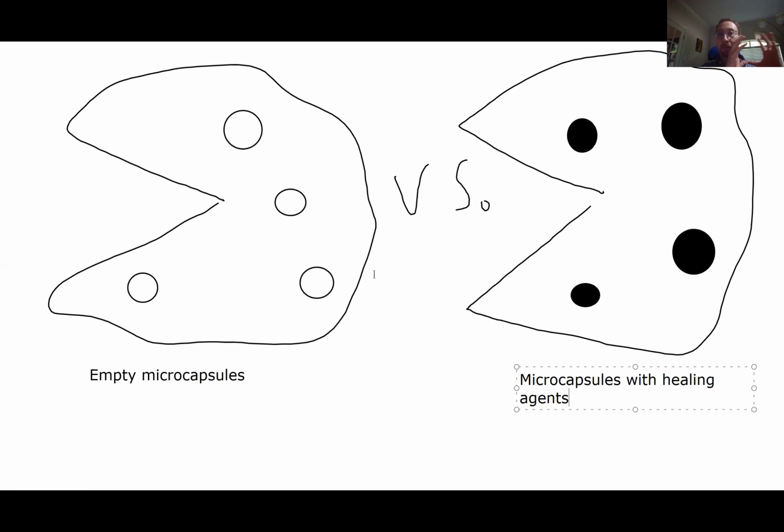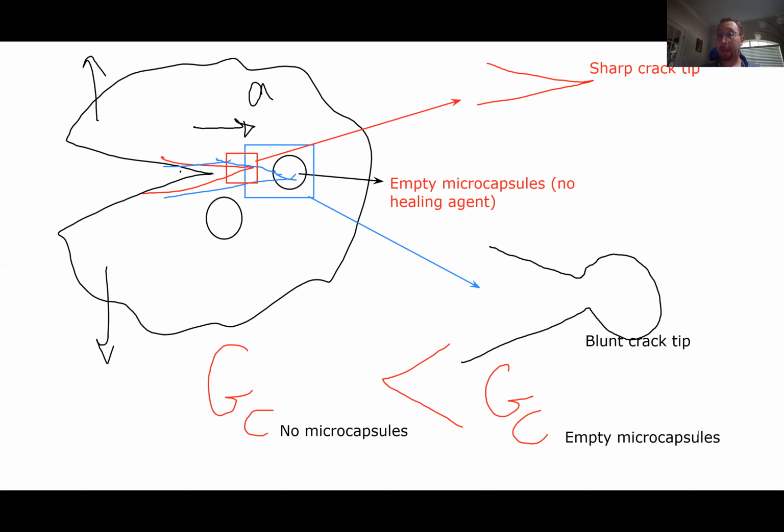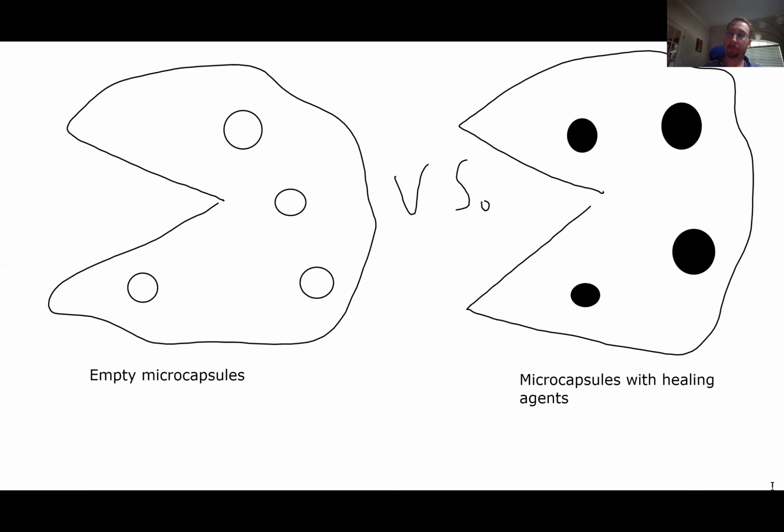And obviously, the more of these microcapsules I have, when I go from a material that doesn't have any microcapsules to a material that has a little bit of microcapsules, fracture toughness goes up because of this mechanism that I explained to you here. However, if I have too much of the microcapsules, then each microcapsule is a part of the material that is taken away.